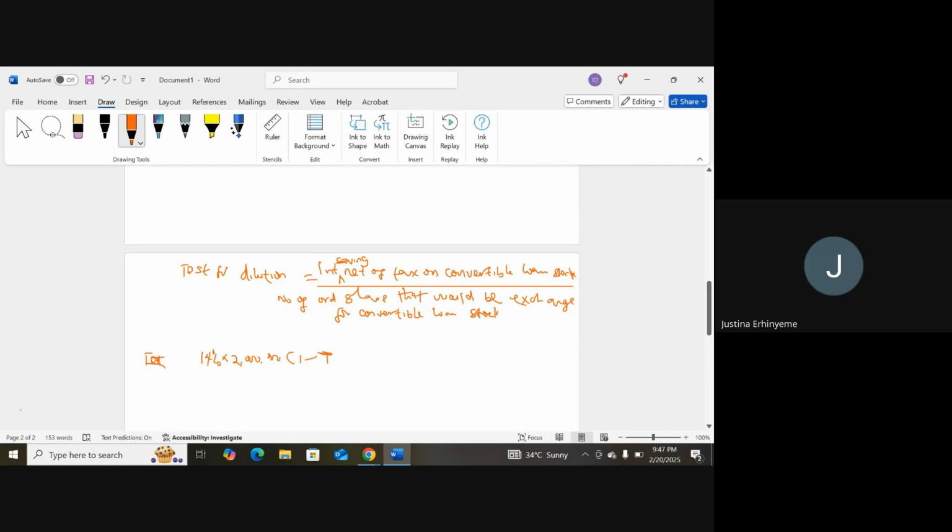It is 14% of 2 million. That is interest savings net of tax, after you remove the tax. The tax given to us is 35%, which is 0.35.